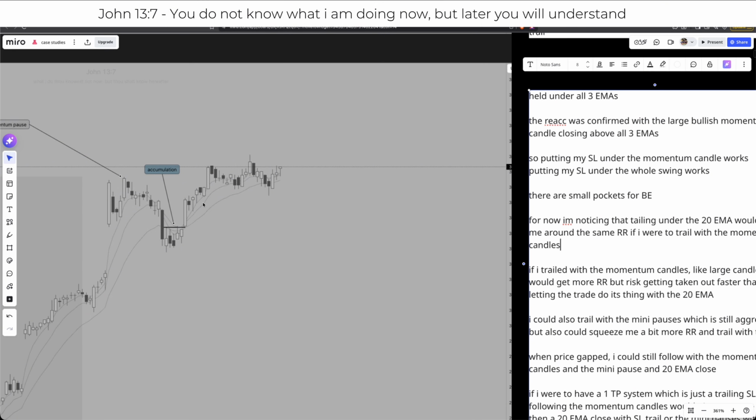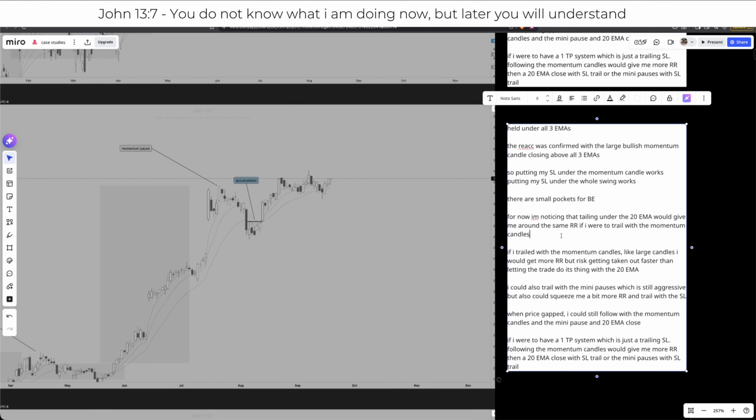And the momentum candles would be this one. Yeah, and that's the only one. And then as price closes right here, it's technically the same amount. But if I were to trail with the mini pauses, it would also be the same amount, because I would trail here, then I would trail this pause right here just under. That would give me the same thing. So I don't know, saying that trail would give me the same amount of work.